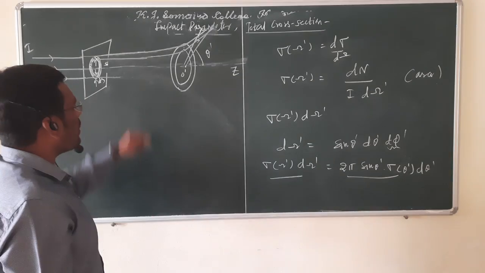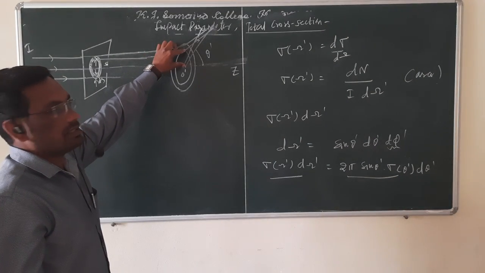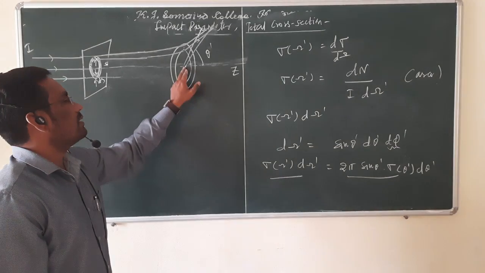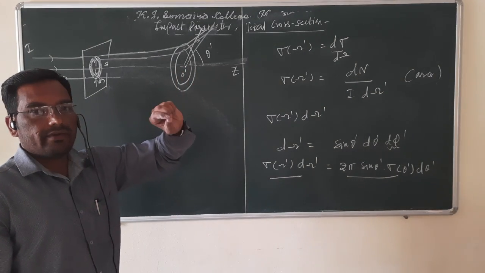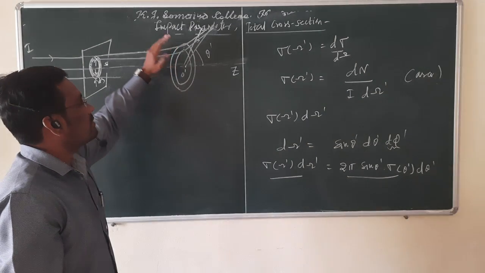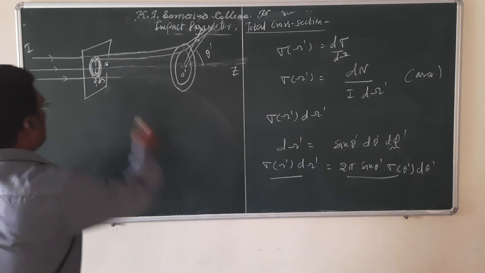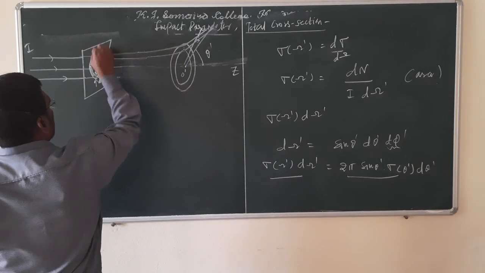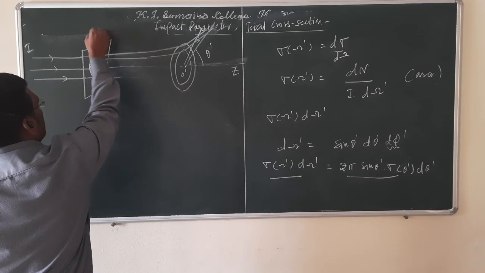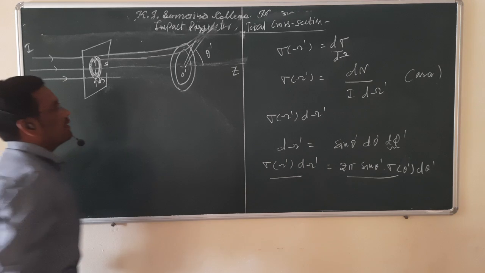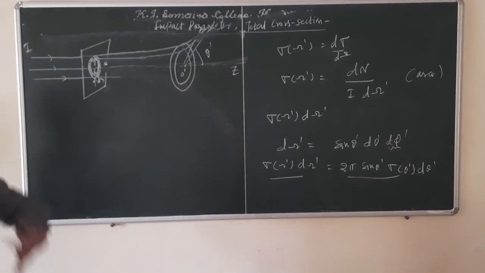Now, beyond the impact parameter distance, the scattering of particles from the force center is less. If a particle comes from a very large distance compared to the impact parameter, it will go straight like this, so it is not scattered.